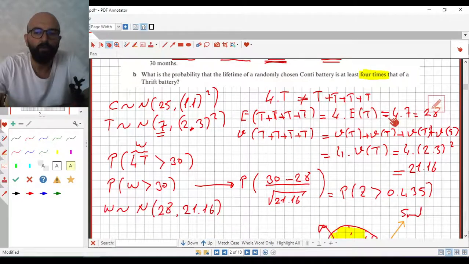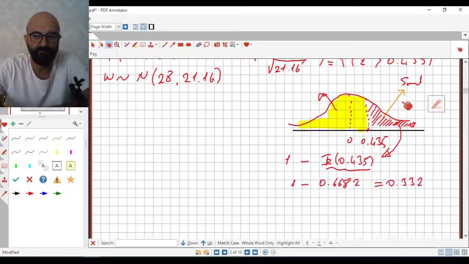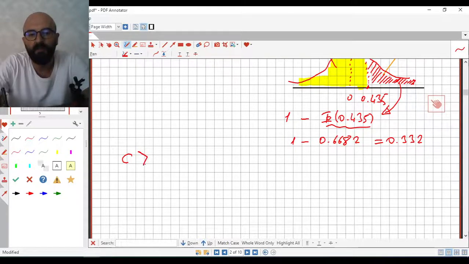So we want to find the Conti battery at least 4 times that of the Tift battery. So it means the Conti battery is greater than or equal to 4 times the Tift battery.